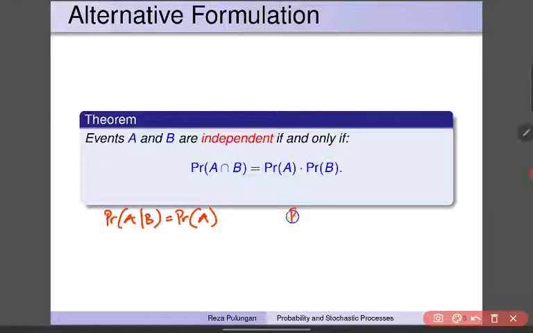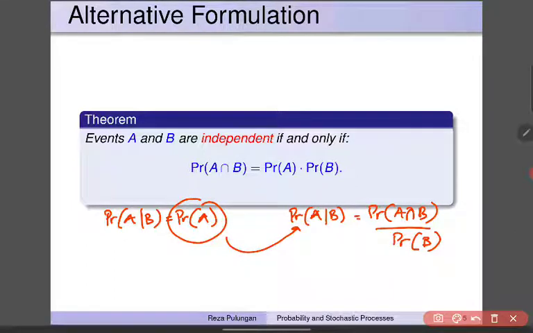Conditional probability says that the probability of A given B is equal to the probability of A intersection B divided by the probability of B. So, if the probability of A given B is equal to the probability of A, that means that we can actually just replace this with this one. Hence, the probability of A intersection B here is simply the multiplication of this one and that one.